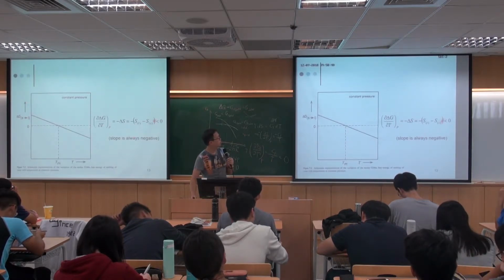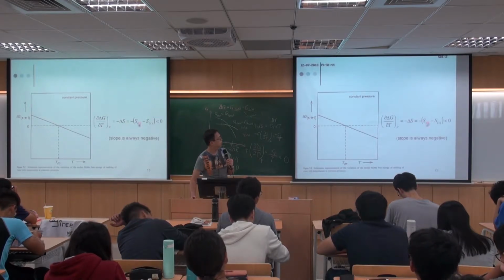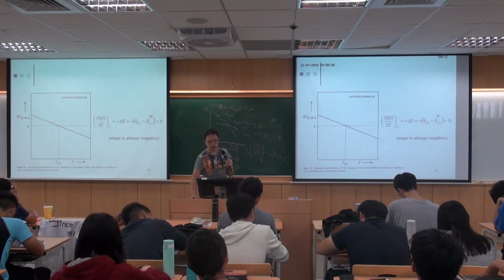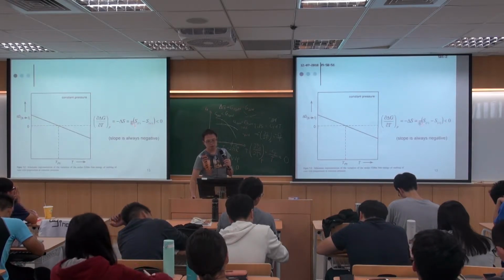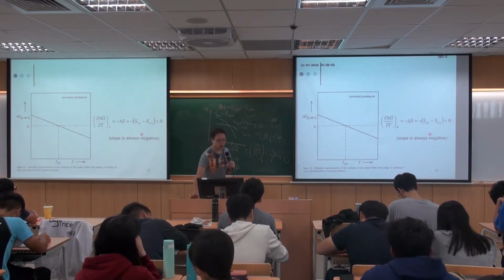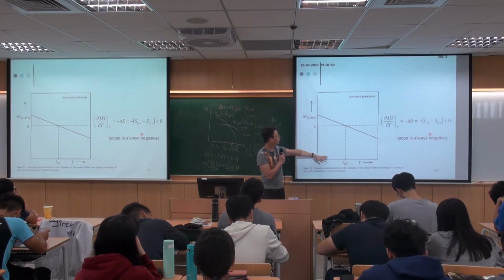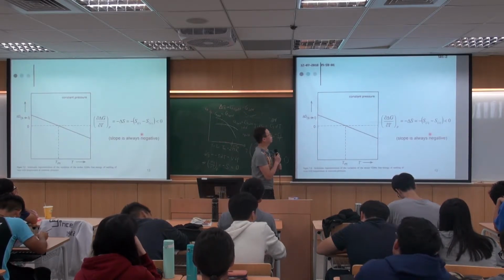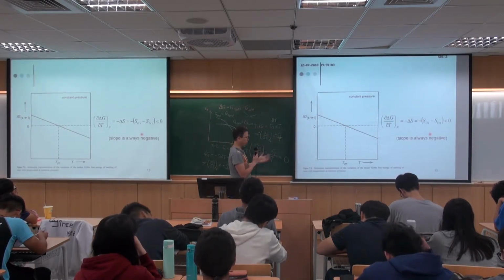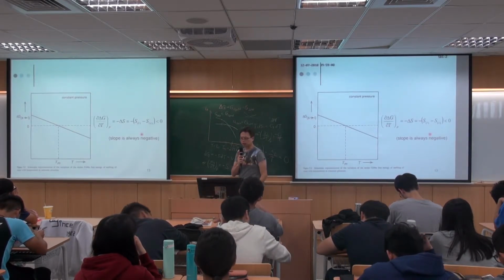And so in this scenario, the liquid phase entropy is always greater than that for solid. So this is a positive number, but you have a minus sign in front of it, so this is always negative. So for this plot, this is delta G as a function of temperature. For this kind of phase change behavior, the slope is always negative.